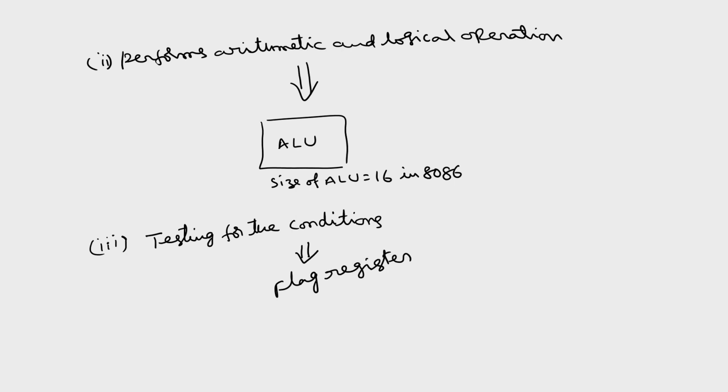In 8086 the flag register length is 16 bit. Even though the length of this flag register is 16 bit, there are only 9 different flags. I will discuss those flags, and the condition for each flag to be set or reset, in the next class. Thank you.